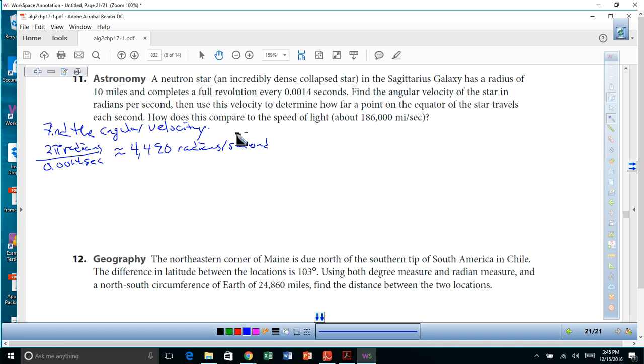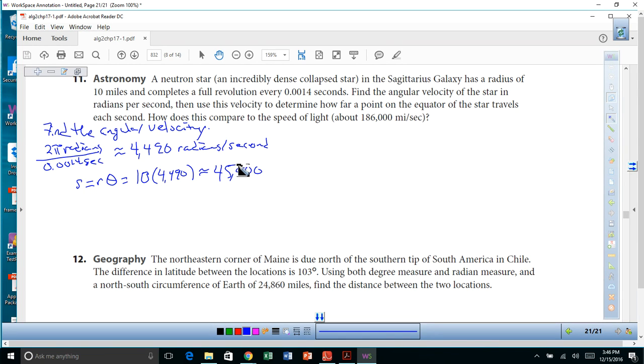All right. The distance the point travels in a second is the arc length it traverses in a second. So S equals R theta, which is 10 times 4,490, which is approximately, well, we'll just say 45,000. All right.